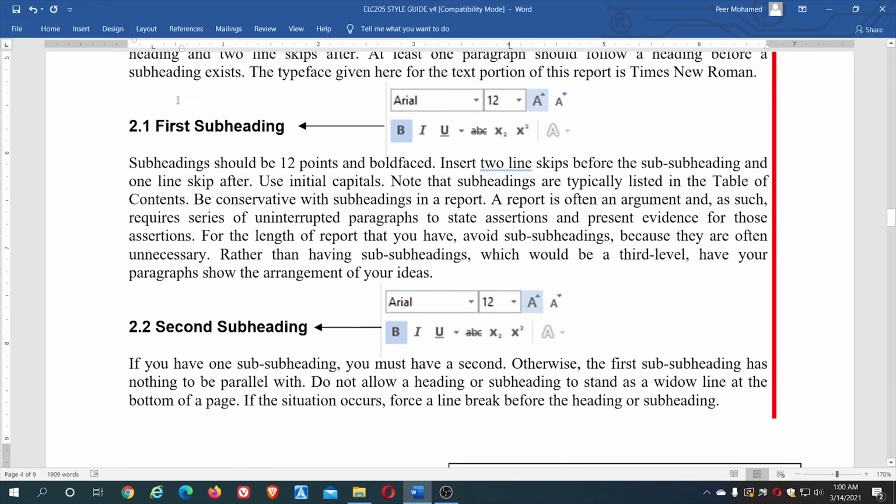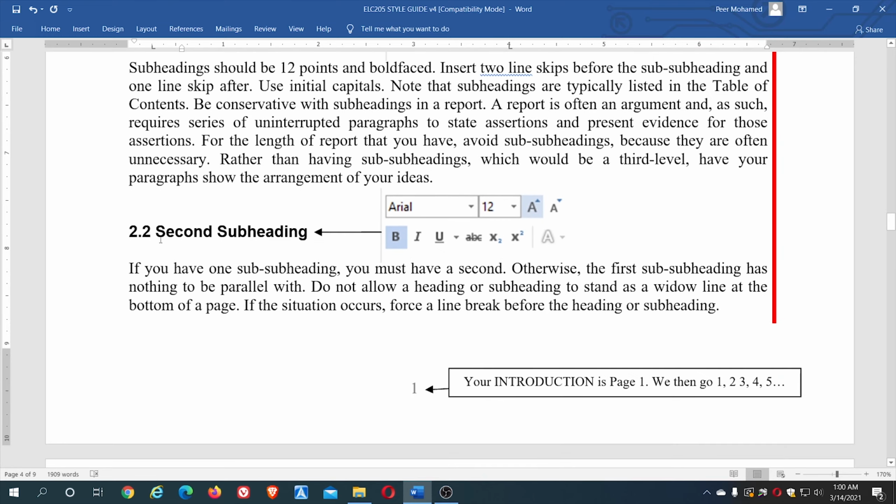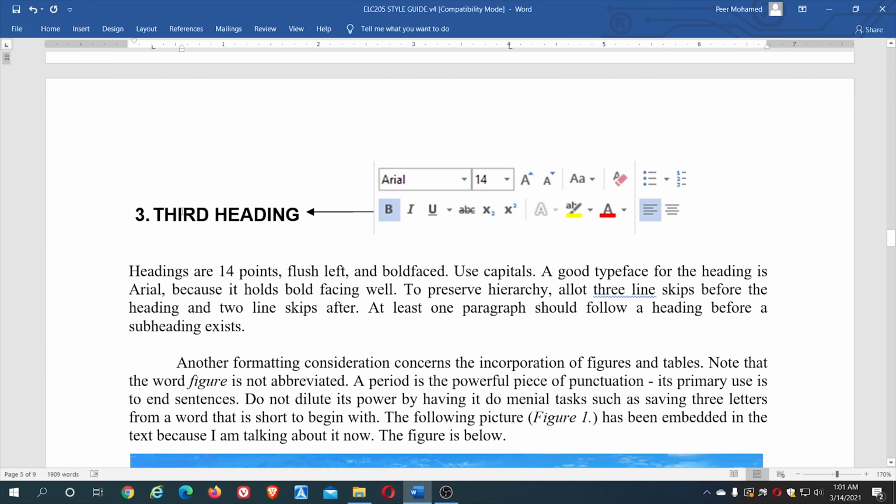These subheadings will be typed in Arial 12 bold, and the matter here will be typed in Times New Roman. Same thing here, 2.2 second subheading, Arial 12 bold, and the text will be typed normal in Times New Roman. This is the third chapter.